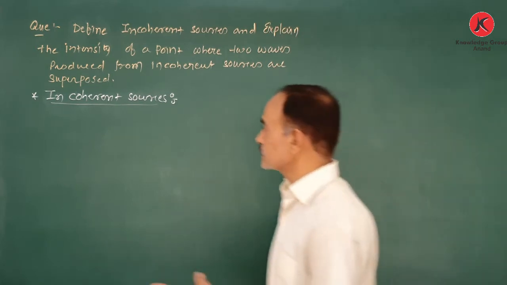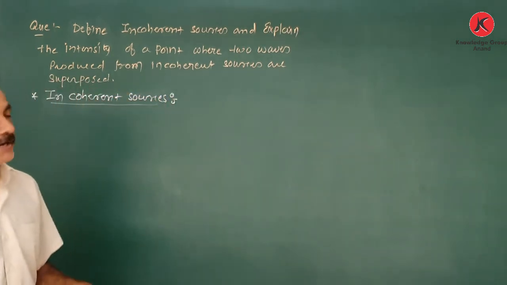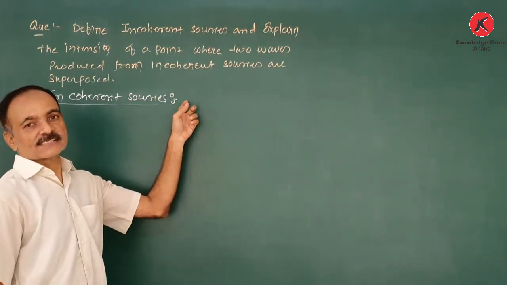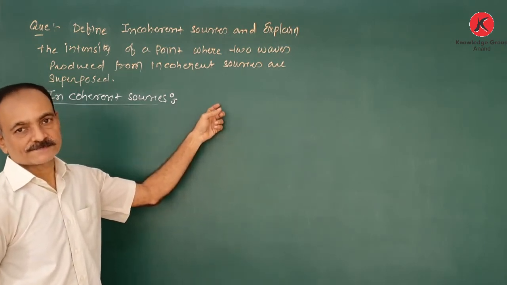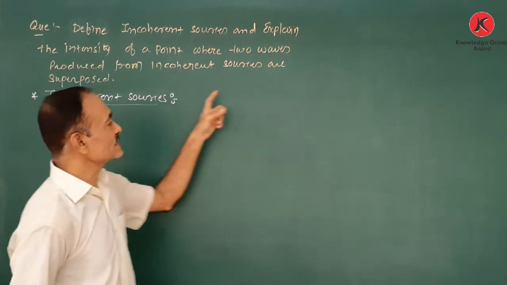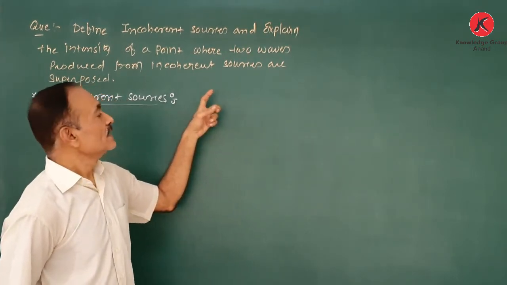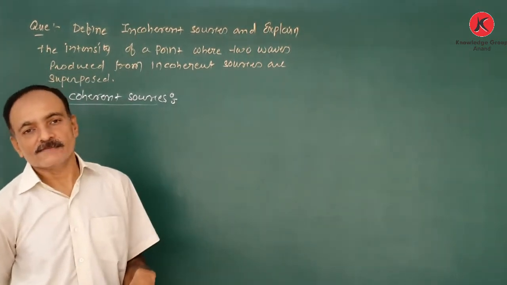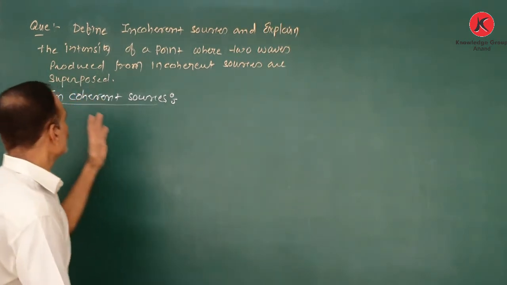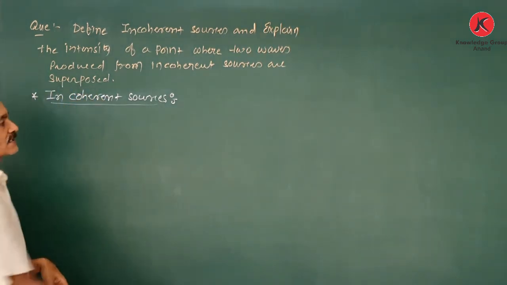For that purpose, what are incoherent sources? When the phase difference of two oscillating sources changes rapidly over time, such sources are known as incoherent sources.